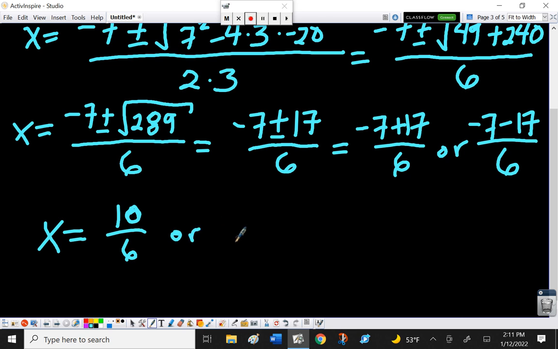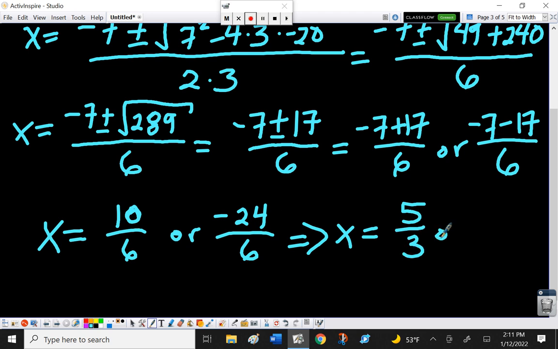Or I got negative 7 minus 17, which is negative 24 over 6. And these can be simplified to 5 over 3, or x is equal to negative 4. And this is our final answer.